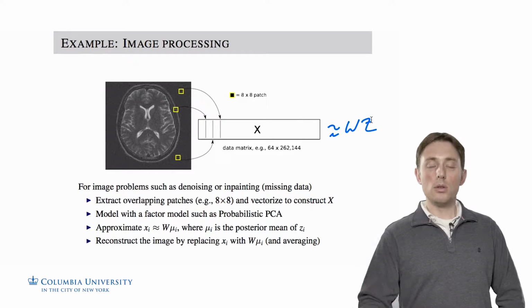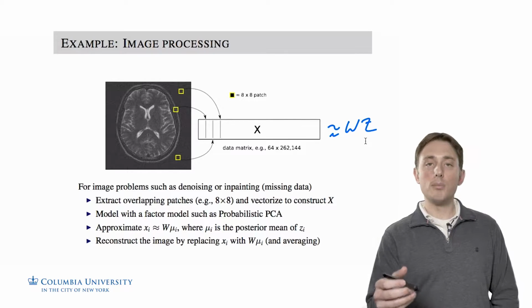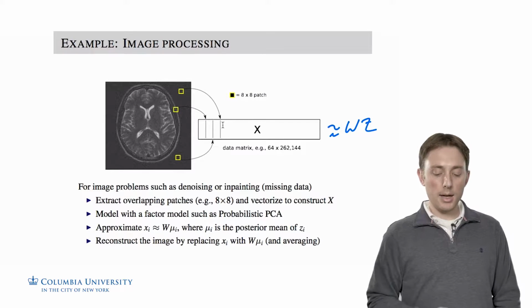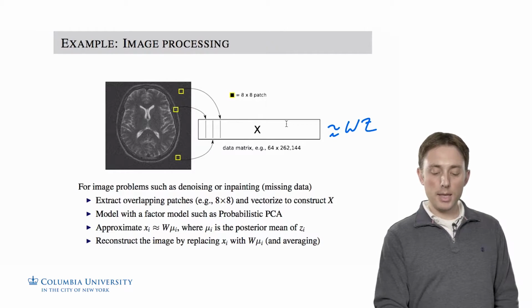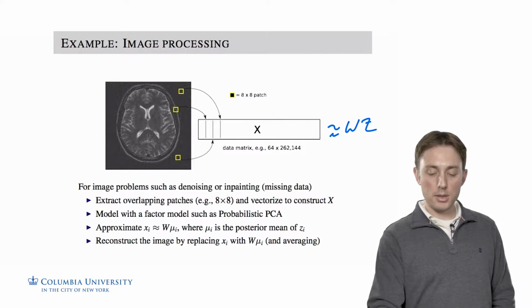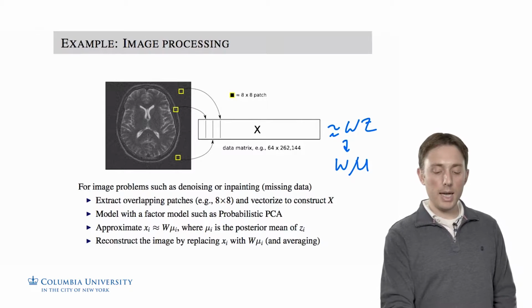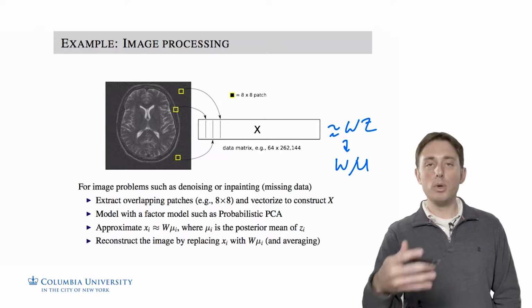So when we learn this model, we learn the conditional posteriors, we learn a point estimate at W, we then replace each column of Z with the posterior mean mu, and we approximate xi, the ith column of this matrix, as W times mu I. So we take this matrix and approximate it with W mu, and we take the ith column here and put it back into the image. We take out the noisy patches, replace them with the denoised patches, and then reconstruct the image.